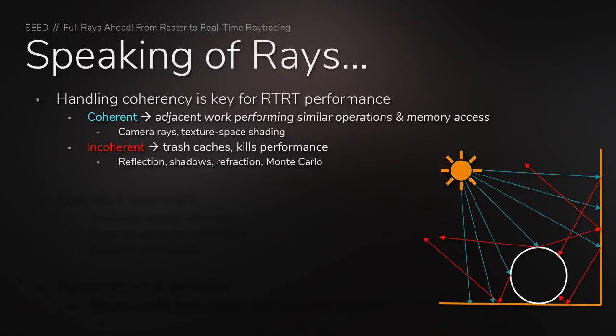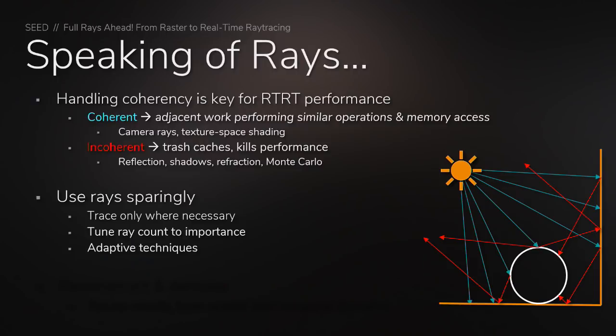Depending on which techniques you decide to implement, you'll have to keep this in mind. Use rays sparingly and trace only when necessary. Tuning rays and the count of rays to importance, adaptively, is really key. Also make sure to set the max recursion depth on the shader state object. That's one thing that's really important.